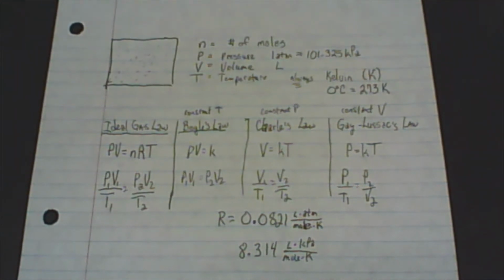So, all right, let's work some problems. Okay, here's our first problem. A sample of oxygen gas has a volume of 150 milliliters and a pressure of 0.947 atmospheres. What will the new volume of the sample be when the pressure is 0.987 atmospheres if the temperature remains constant?